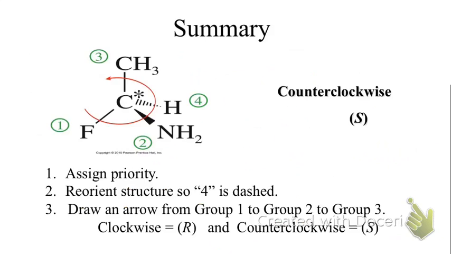In a lot of cases it is, but that's not always the case. Once the structure is drawn such that 4 is aimed away from you, you can draw an arrow connecting from group 1 to 2 to 3. Look at the motion of that arrow and decide, are you moving clockwise or counterclockwise? If it's clockwise, it's R. If it's counterclockwise, it's S.